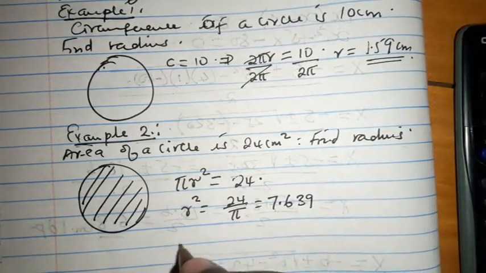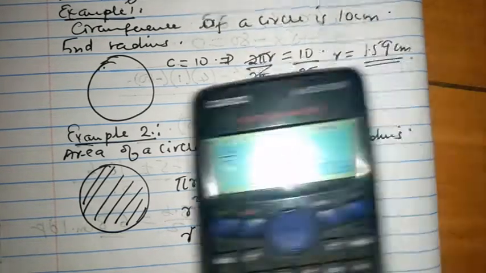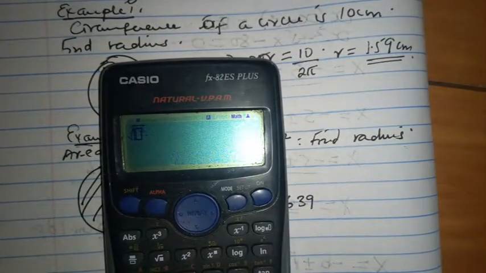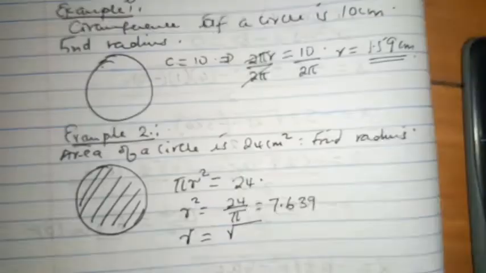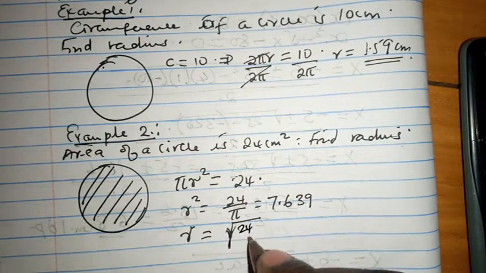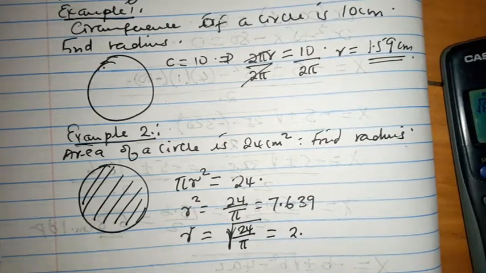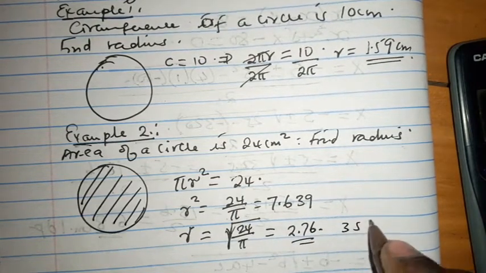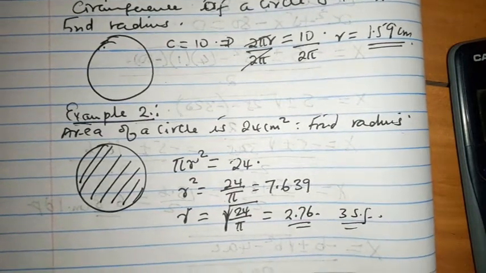And for us to get r, we need to get the square root of the whole side. The square root of 24 over pi is 2.76, to 3 significant figures. That is just like it.